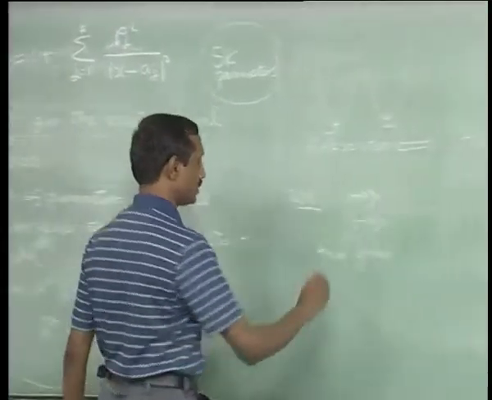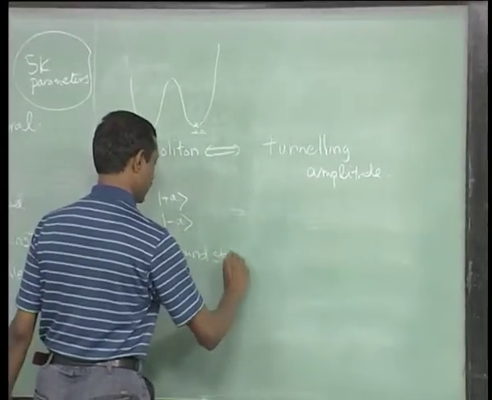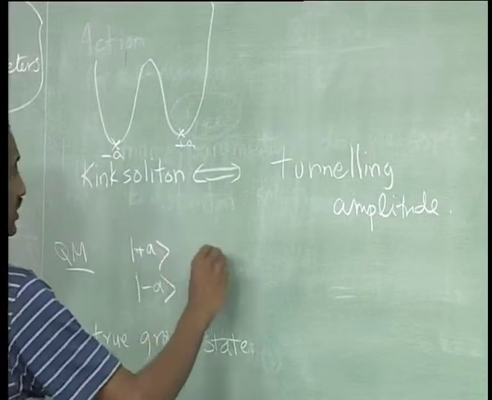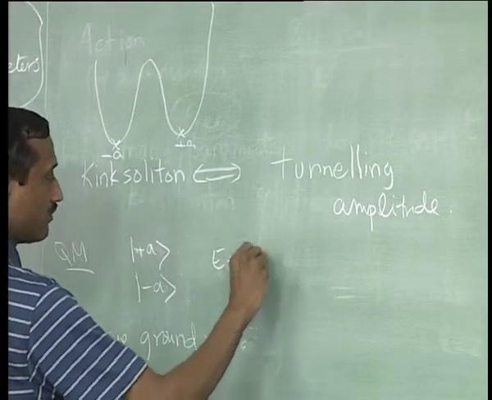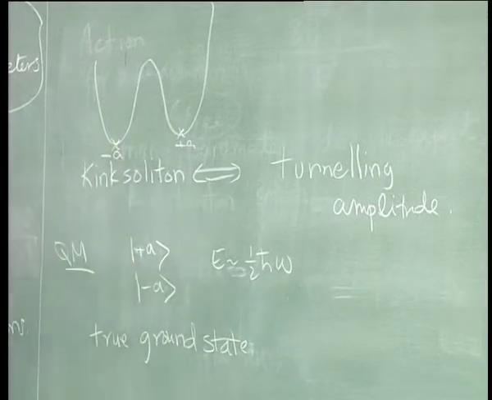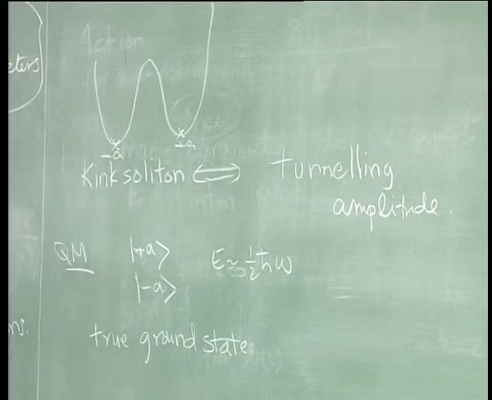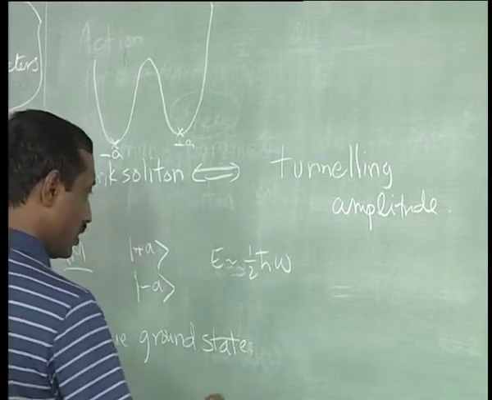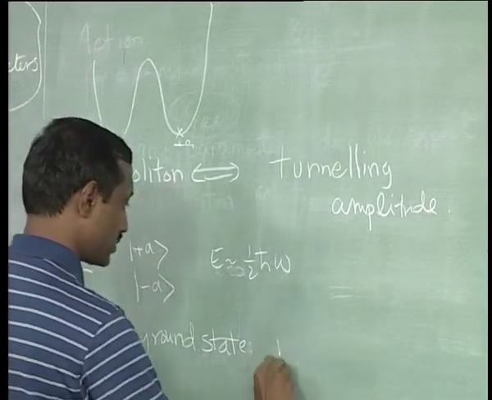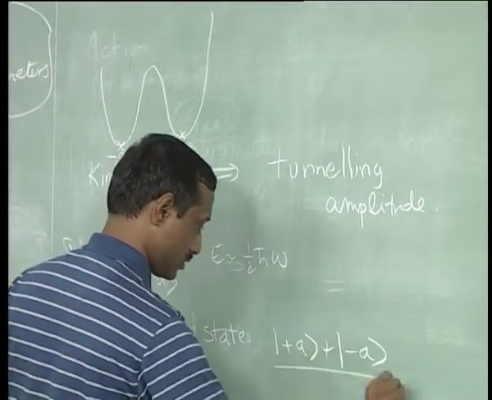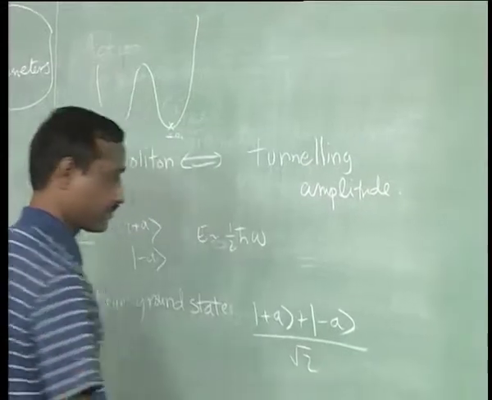But the true ground state is neither, it is the even combination. In the harmonic approximation the energy would be some half h cross omega, where omega is determined by the curvature of the potential, the second derivative evaluated here. But the true ground state would be a linear combination, and because of symmetry a good guess would be something like this.